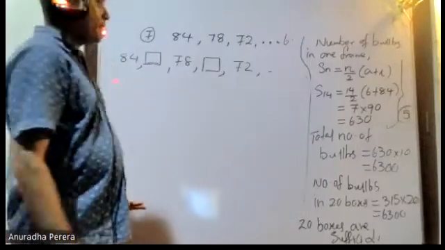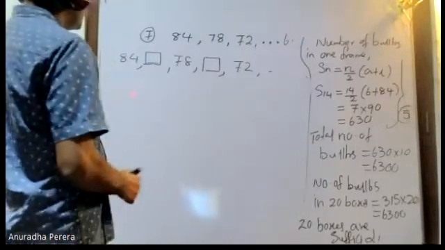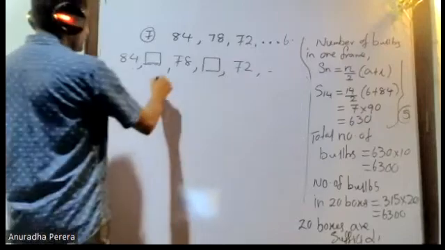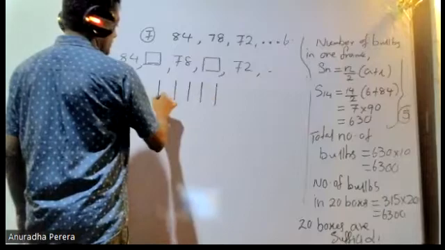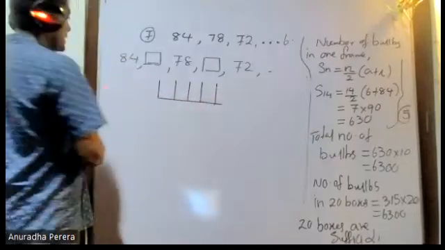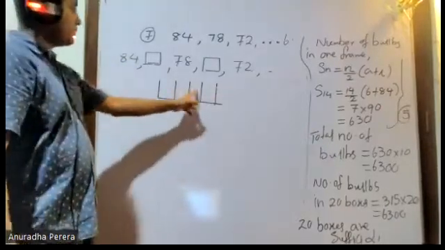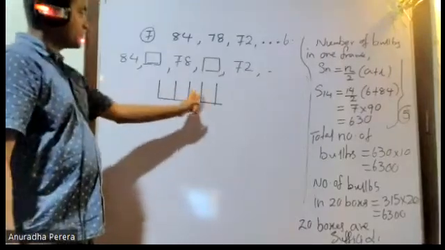Think, if there are 5 pipes, how many gaps? 1, 2, 3, 4. There are 4 gaps.